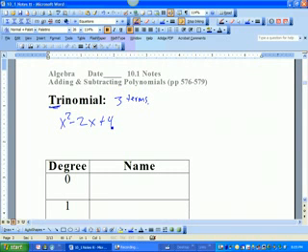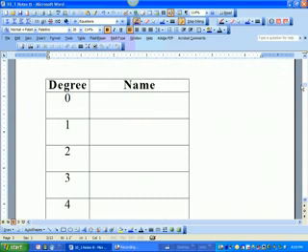Notice, monomials, binomials, and trinomials are all polynomials. But anything with four or more terms, we don't usually call by special names. Monomials, binomials, and trinomials occur so often in algebra that we have special names for them.